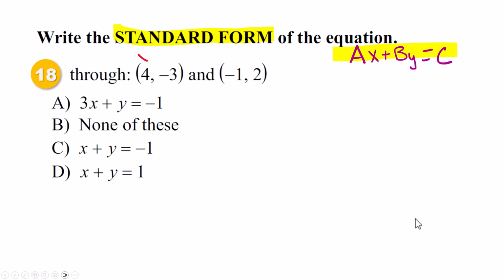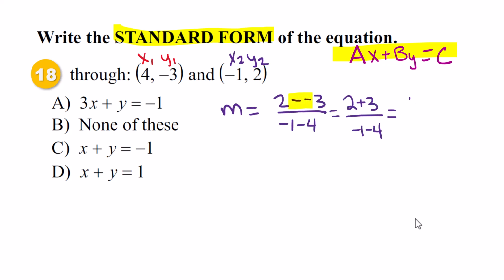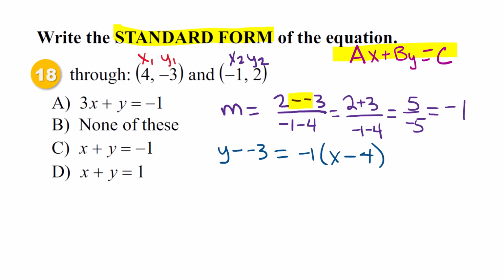So starting with slope, x1, y1, x2, y2, pull out the slope formula, take care of the double negatives, and there we have our slope is -1. Now I'm going to pull in point-slope form, and I'm going to use the first point.